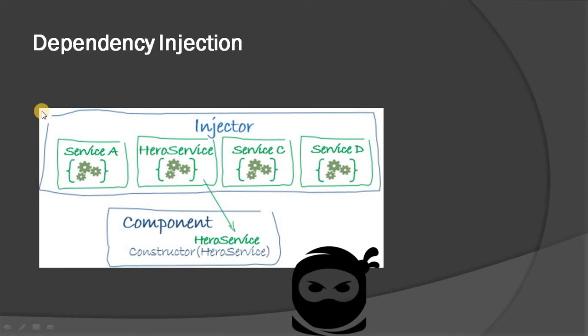The injector is nothing but a container which maintains the instances of the services. Whenever a component, or we can inject it into another service also, needs it, the injector provides it. In this example we have taken a component, so the component wants this instance and the injector provides it. In this way the injector takes care of instance management in Angular 2.